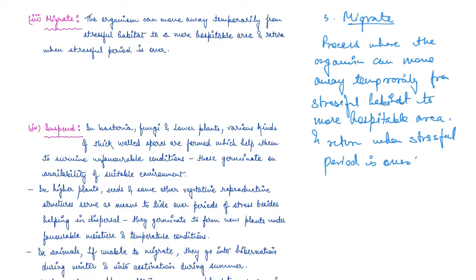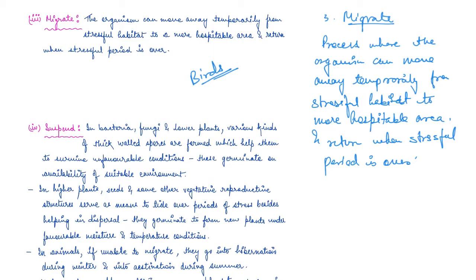So in a human analogy, say a person moves from Delhi to Shimla during summer and then comes back. Now many animals, and particularly birds, guys, remember that birds during winter undertake long distance migrations to more hospitable areas.